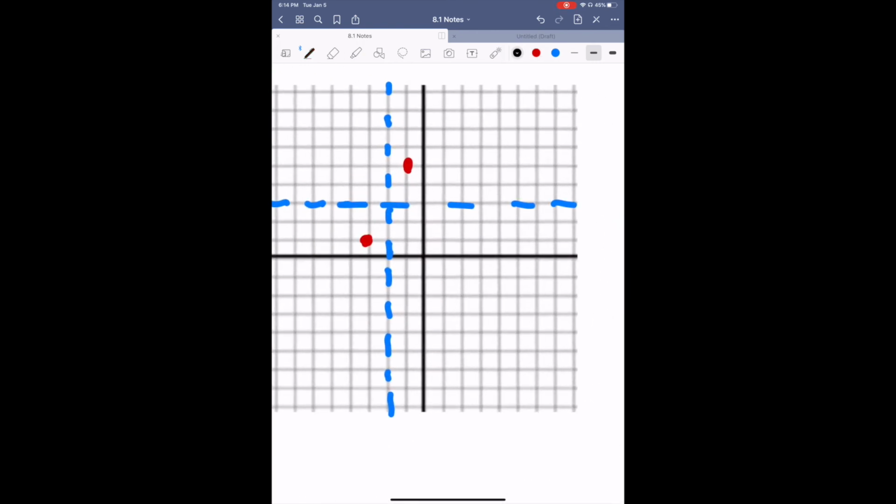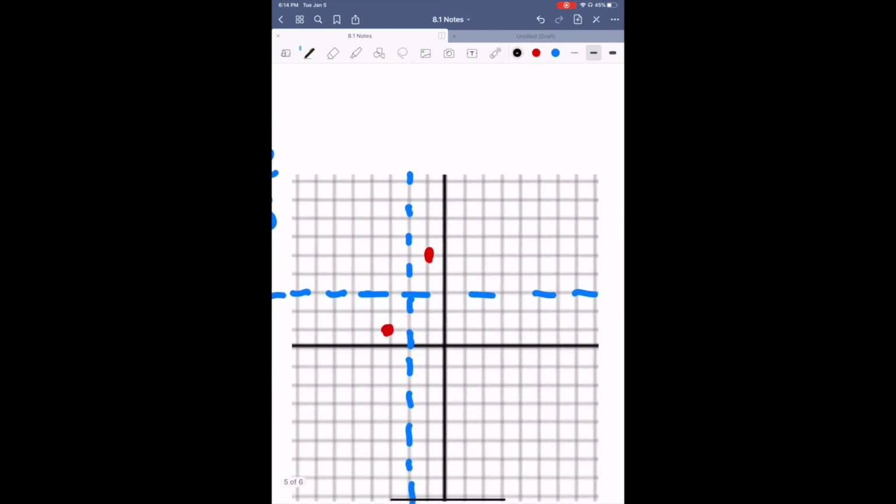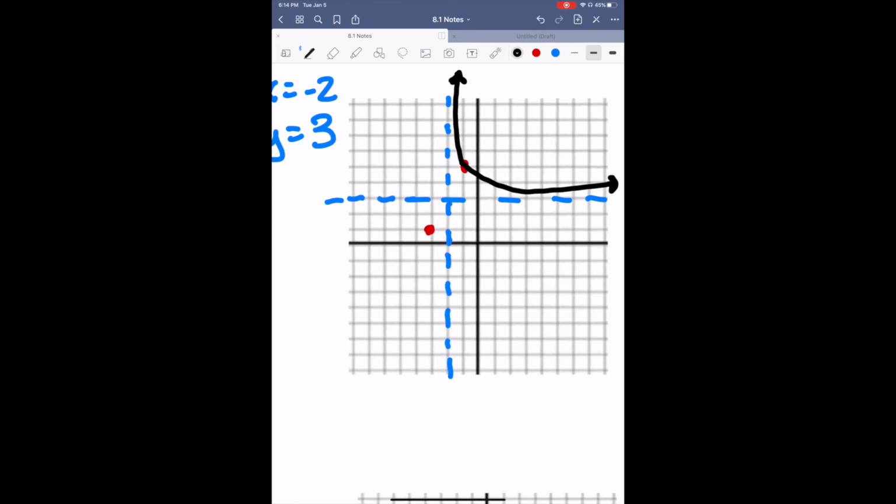Create your turning points there. Turn towards the asymptotes. And we have our graph.